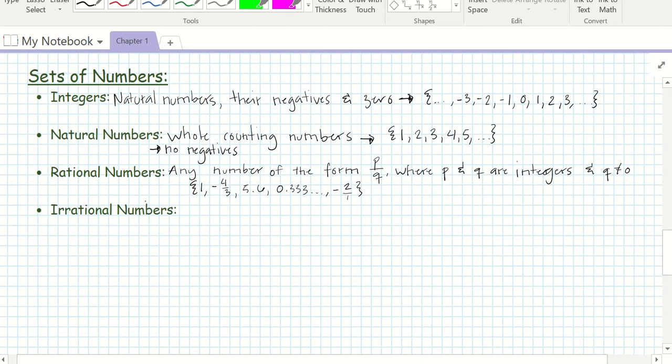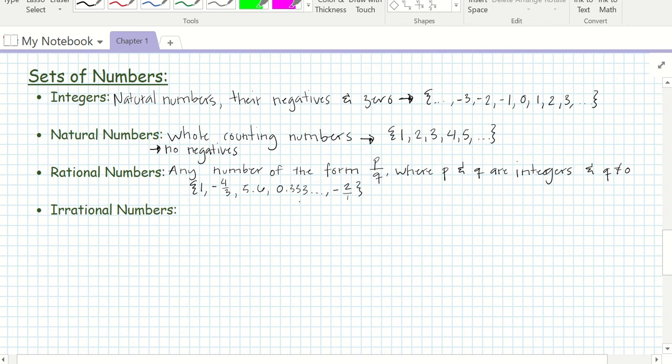And now irrational numbers are basically whatever is not rational. These are numbers that cannot be written as a fraction. Here 5.6 can be written as 56 over 10. 0.333 can be written as 1 over 3.